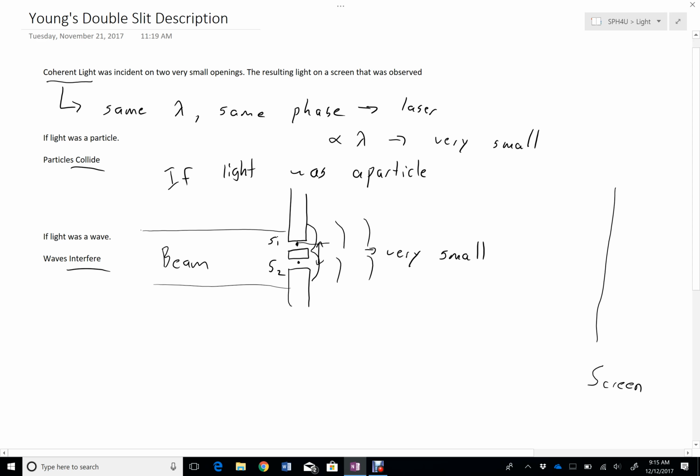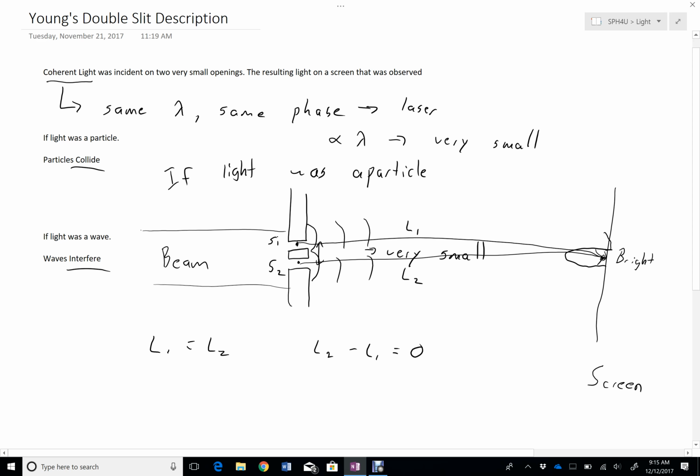Now, when they travel to the screen, what we see should depend on the path length that the light has to travel from source 1 and source 2 to the screen. If L1 is the same as L2, or if L2 minus L1 is 0, then when those two coherent sources get to that point in space, they should be in phase with each other. They should be lined up. And so we should get a large bright spot here.